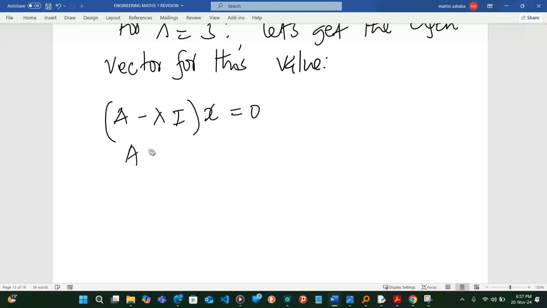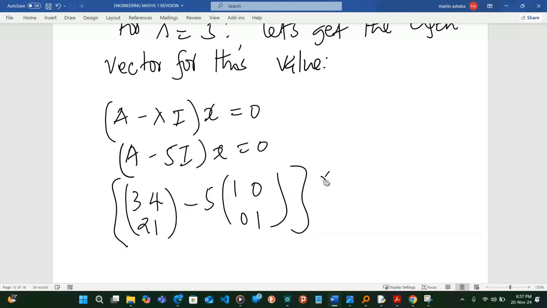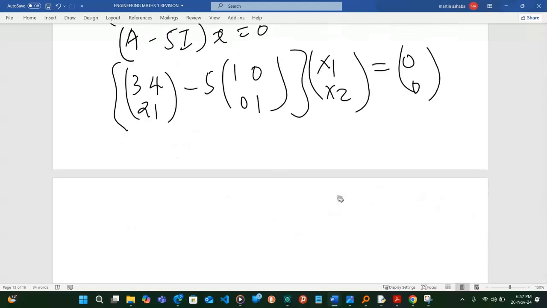So we have A minus 5 times I, times x, that is equal to 0. So we know this is 3, 4, 2, 1, minus 5 into 1, 0, 0, 1. So we multiply by x1, x2, and this is equal to 0, 0.